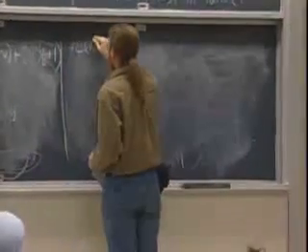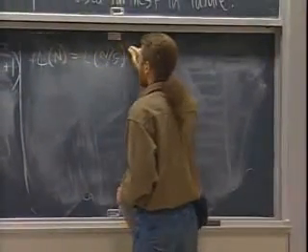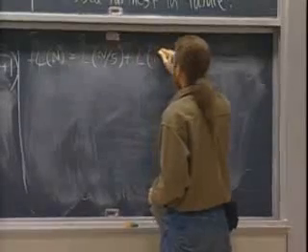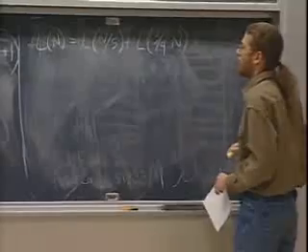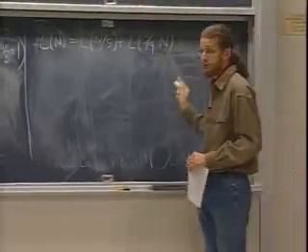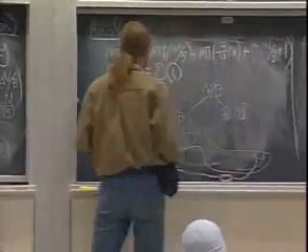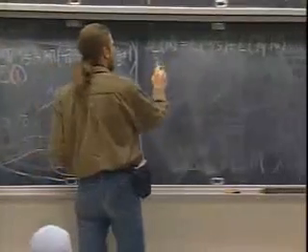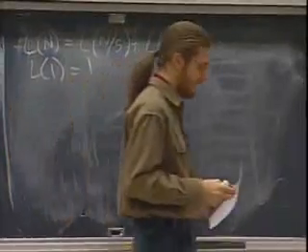Call this L of n. Now the base case is really relevant. It determines the solution to this recurrence. And let's again assume that in a problem of size 1, we have 1 leaf. That's our only base case.